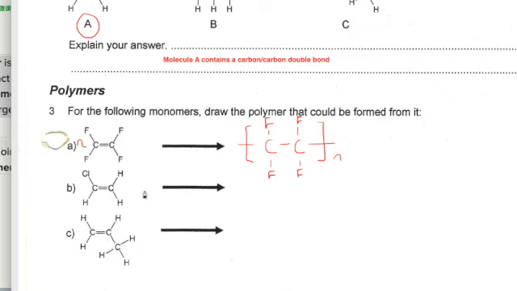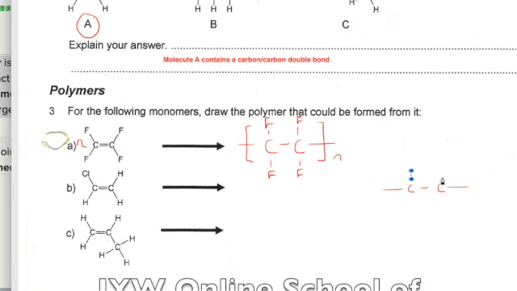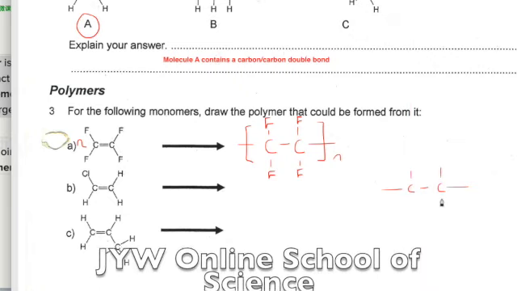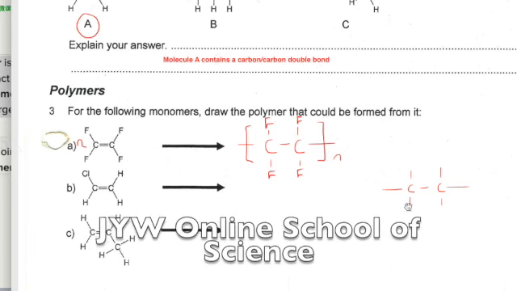Okay, let's look at this one. Same, very simple. I have to write in here, again, double bond is broken into single, double bond broken into single, and then you're going to join up with the next identical monomer. So don't forget here you got bondings, okay, bonded with what?